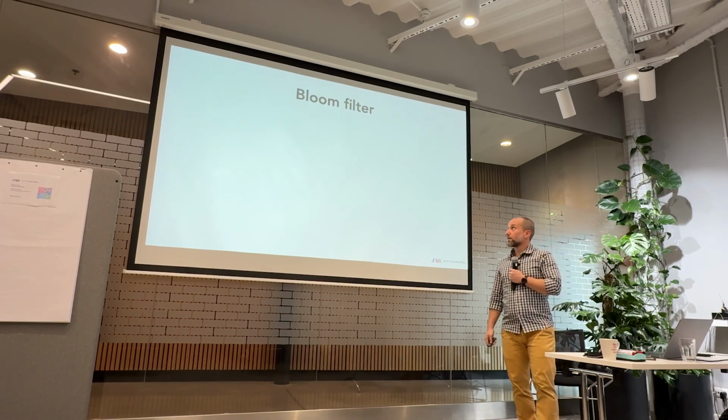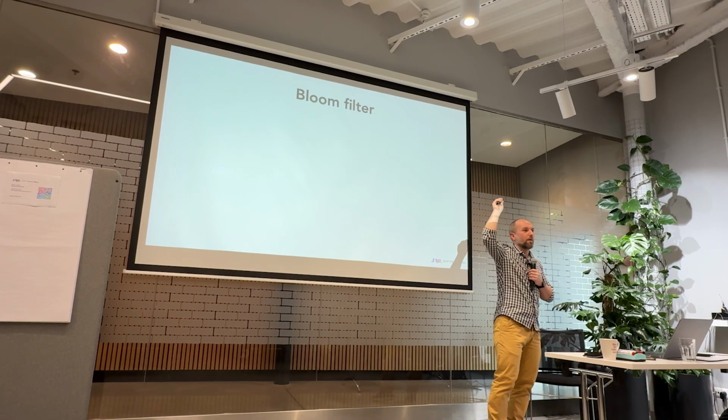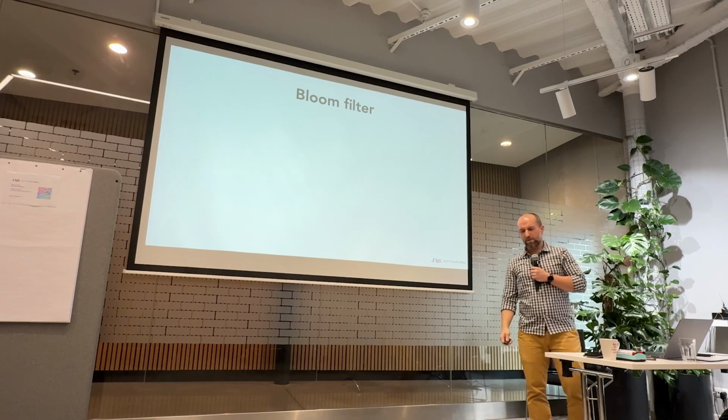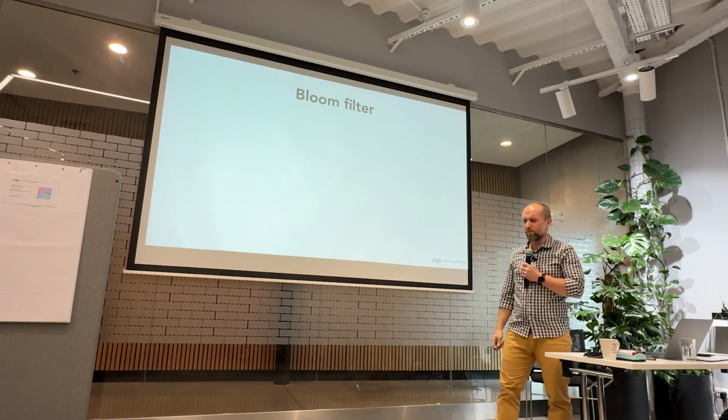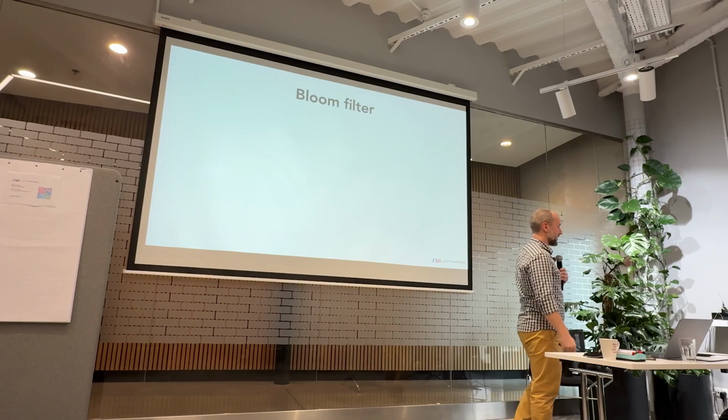So the first one, the Bloom filter. How many of you heard about the Bloom filter before? Okay, just 2 people. The first occurrence I believe I heard about Bloom filter was somewhere in academia, back in my studies.